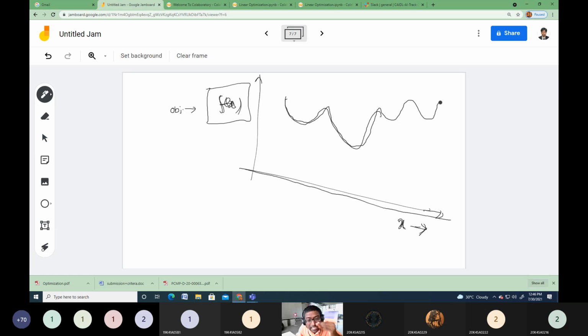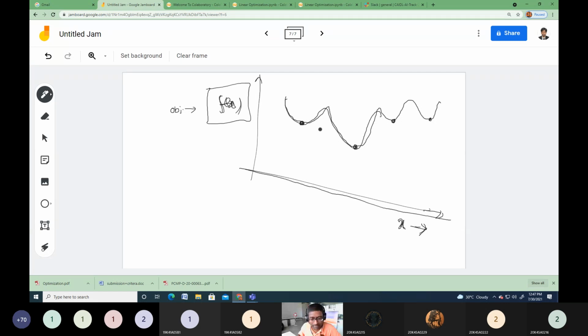It may have multiple optimal points. This is one bottom point, this is also one optimal point, and this is another. These are called local minimum points. We have multiple local minimum points.